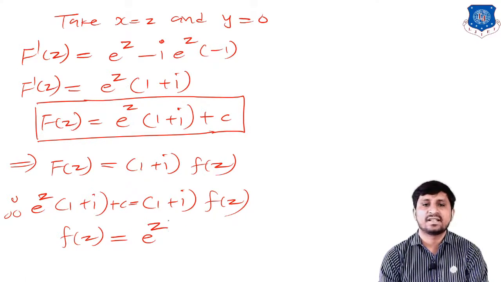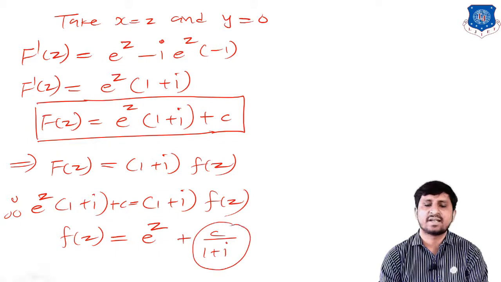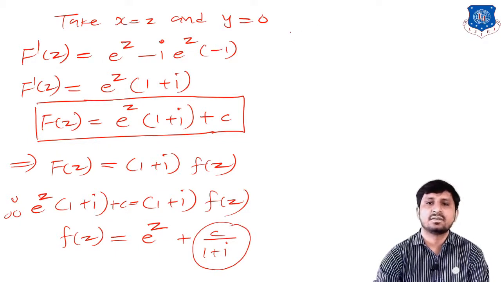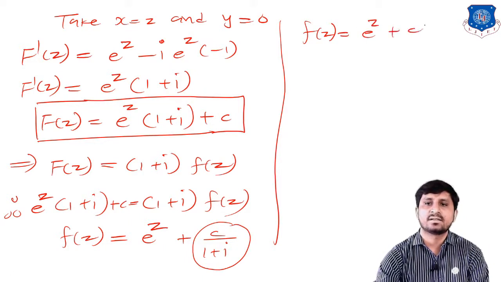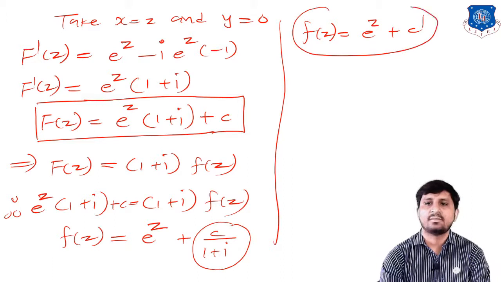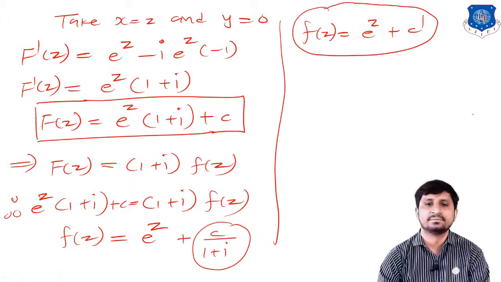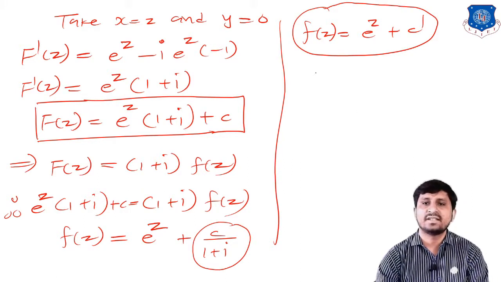So small f of z is equal to (e raised to z plus c) upon (1 plus i), and this c upon (1 plus i) you can write as c dash. So small f of z is equal to e raised to z plus c dash, right. And from this e raised to z, you can easily find out your real and imaginary part, okay.